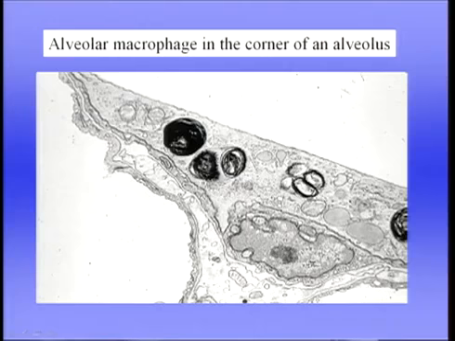So surfactant turns over rapidly, and you can see here that the macrophage has picked up some of the remnants left over. It's important to keep the alveolus clean. Okay, so that's the macrophage system. Again, a very effective way of keeping the alveoli clean, and as I say, quite different from the mucociliary escalator.